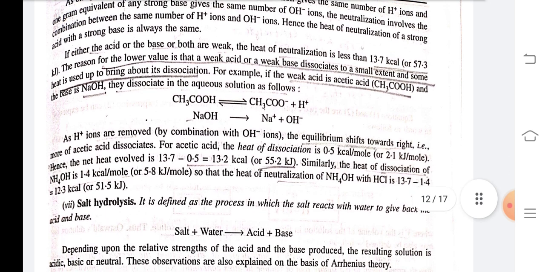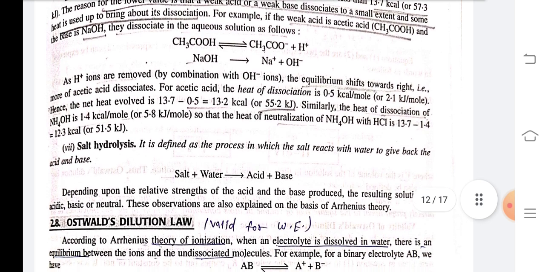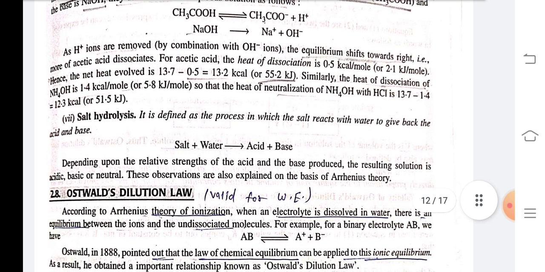For example, if the weak acid is acetic acid and the base is NaOH, they dissociate in the aqueous solution as follows. CH3COOH is in equilibrium with CH3COO negative plus H positive. NaOH gives Na positive plus OH negative. As H positive ions are removed by combining with OH negative ions, the equilibrium shifts towards the right, that is, more of acetic acid dissociates. For acetic acid, the heat of dissociation is 0.5 kilocalorie per mole or 2.1 kilojoule per mole.